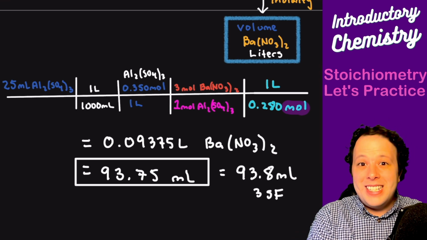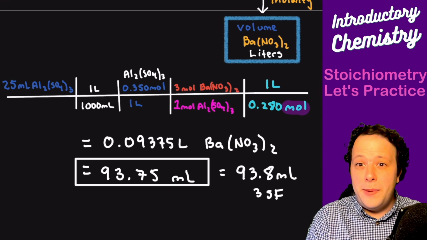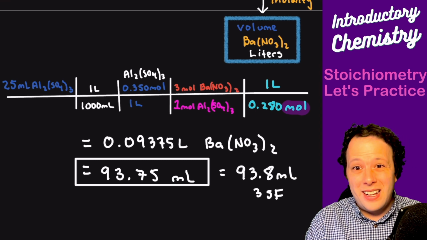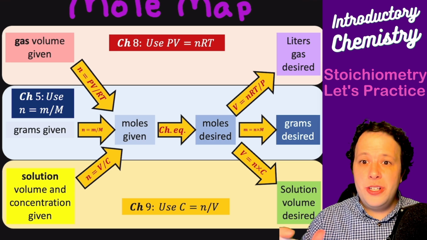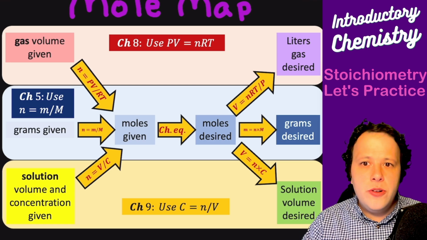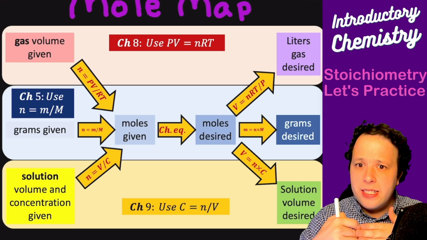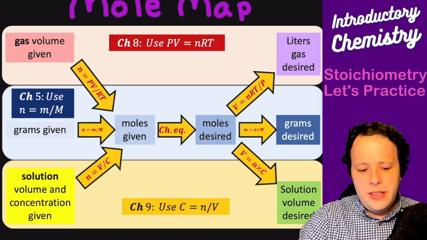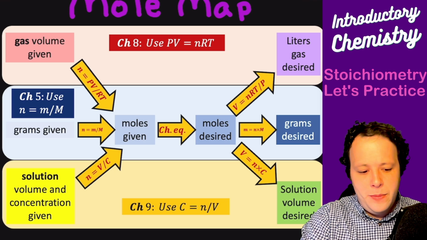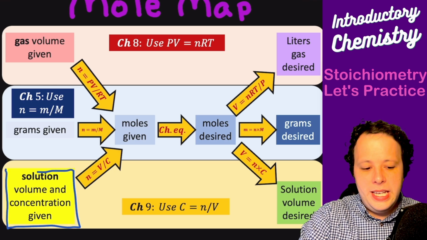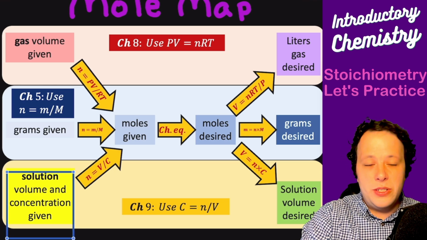So that's how you would solve a solution stoichiometry problem. Let's go to the mole map and see exactly what route we took. With this particular problem, we were doing a solution type of titration or neutralization problem where you're mixing solutions together. We started with how much solution we had in the beginning, so we were down here where the solution was given.